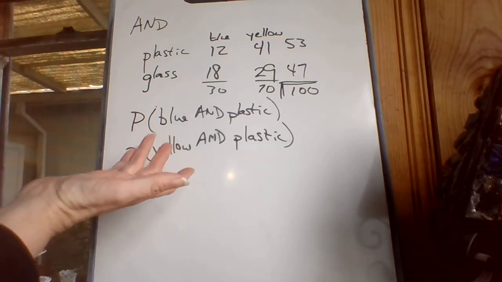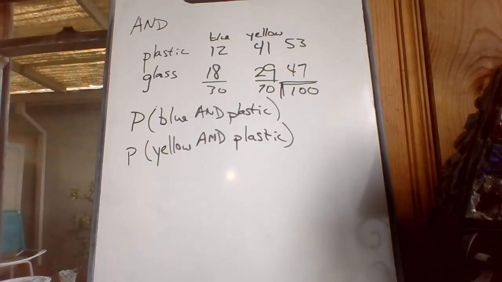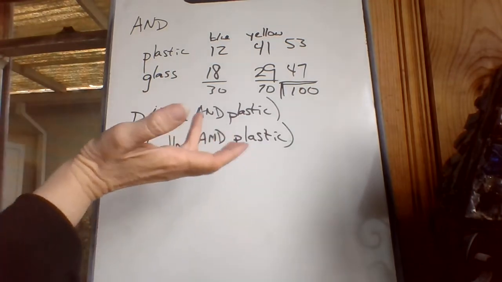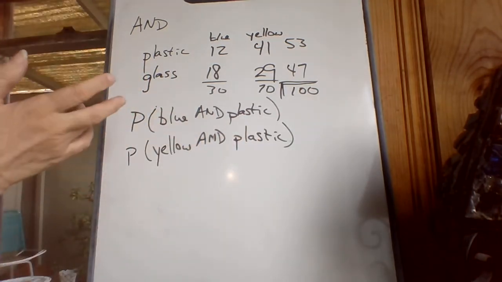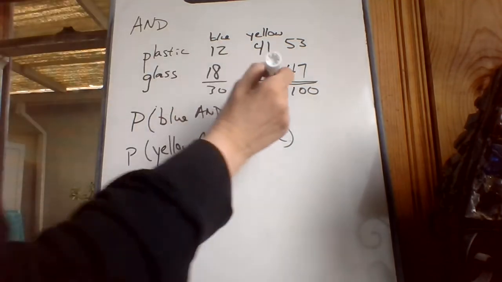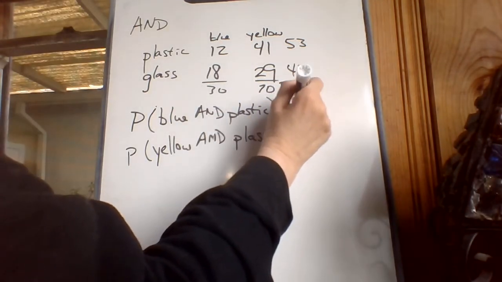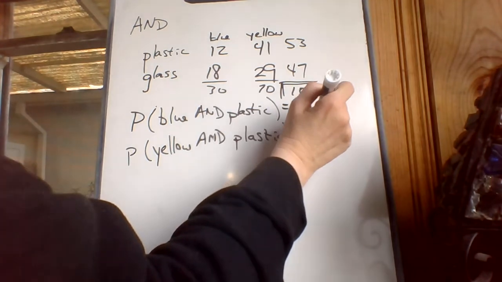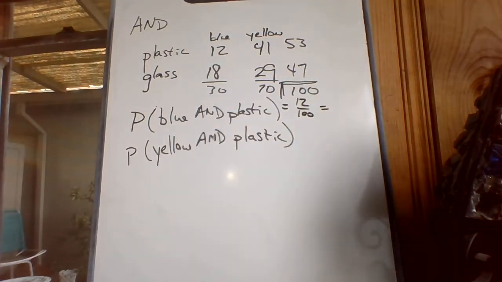They might bring back a yellow plastic one, that's not right either, or a yellow glass one. Out of the 100 in there, there are only 12 they could manage to get right. So you have a 12 out of 100 chance of getting it right when you send them in there.